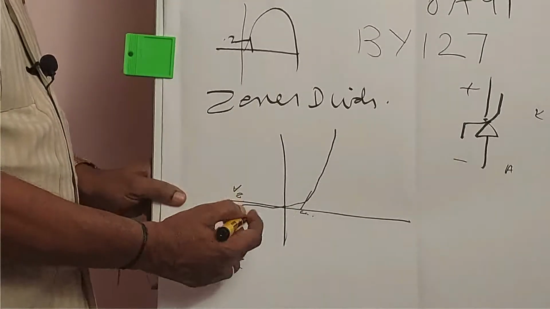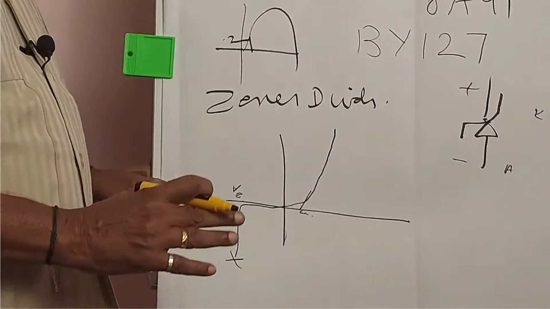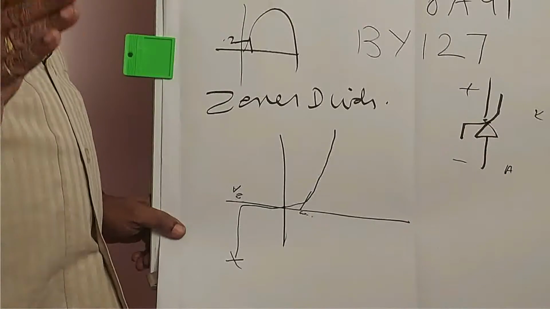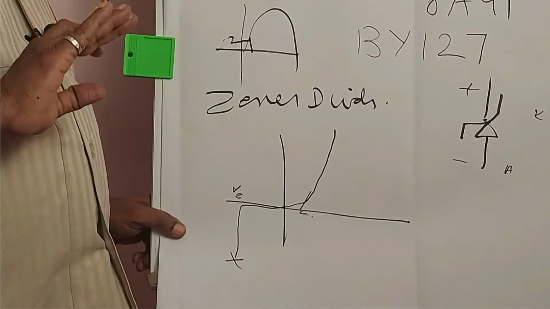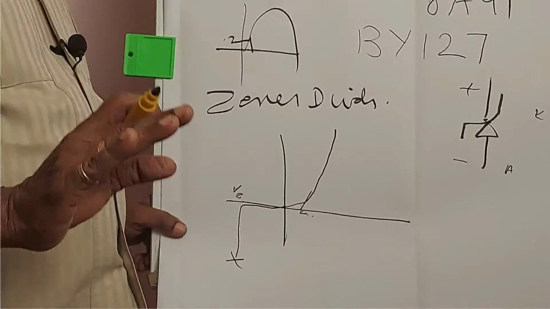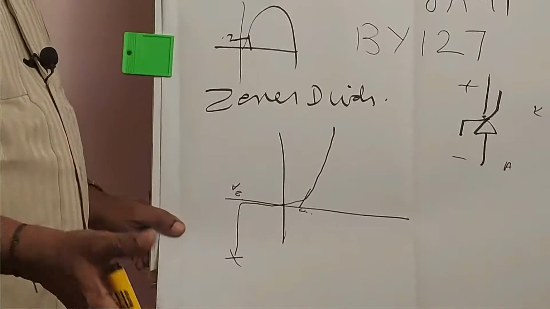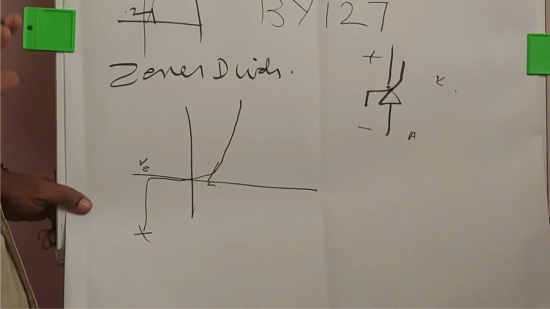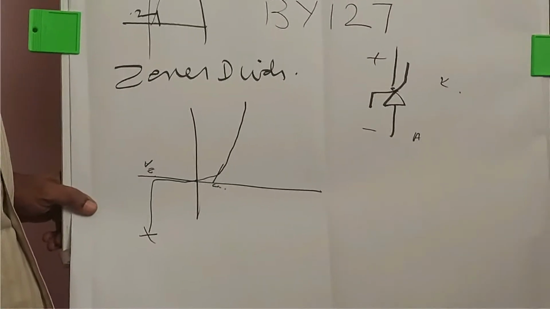Therefore, for every Zener diode, there is a regulating voltage as the specification, and it can be permanently damaged when you drive more current through it than the data given by the manufacturer. Therefore, every diode will have a power rating also.